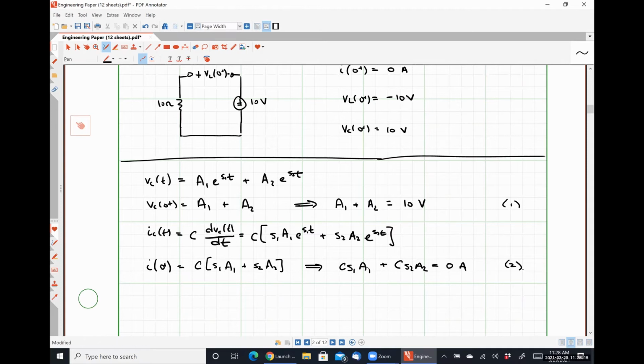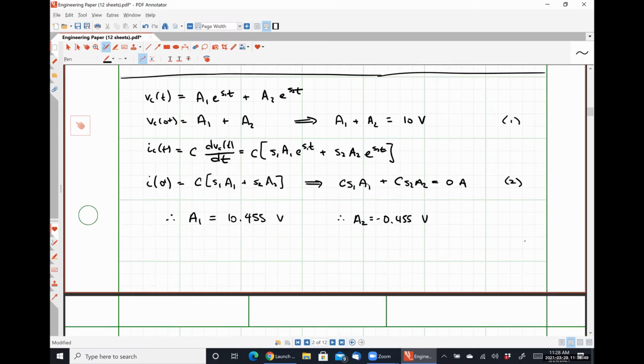And I get A1 is equal to 10.455 volts, and A2 is equal to negative 0.455 volts. Yeah, sorry, you're absolutely right, negative. Thank you.